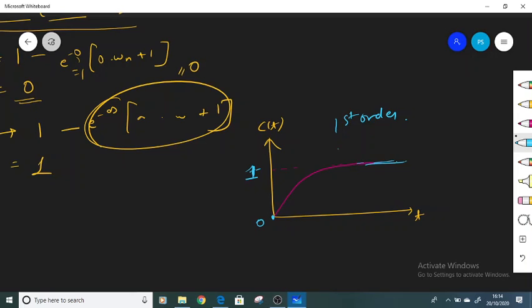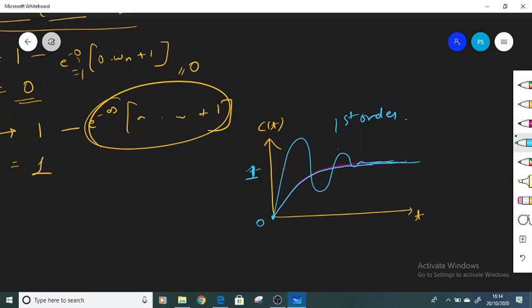It's not having any oscillations, unlike your underdamped case. In the underdamped case, you had oscillations, and finally the system was settling to the steady state. But here you can see that there are no oscillations. The system is starting and finally reaching the steady state.